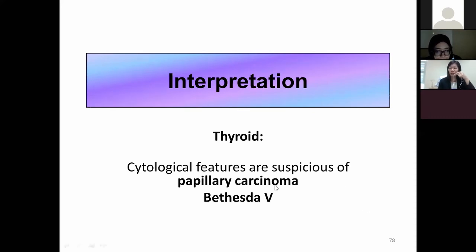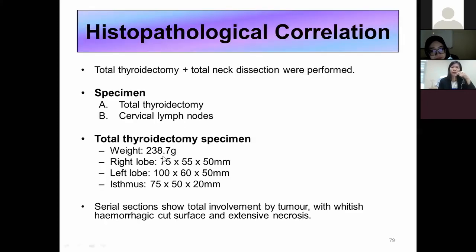Not very confident, not diagnostic of PTC, but suspicious of PTC, still a Bethesda 5. So fair enough, total thyroidectomy and total neck dissection were performed. I cannot give a Bethesda 4 because they would do a lobectomy instead. So that's my decision.